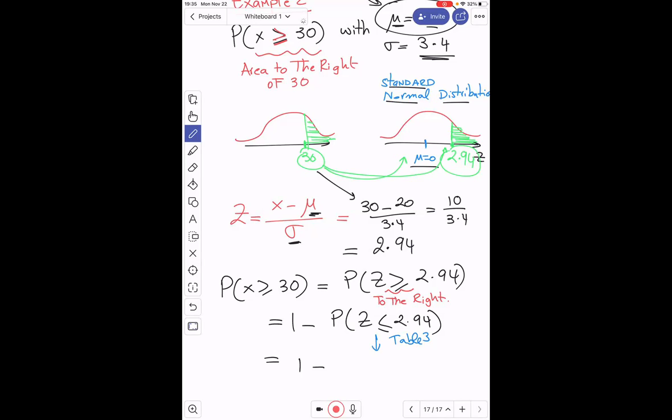So then the answer is 1 minus 0.9984, right? So that's 0.0016, or in other words, this is 0.16%.